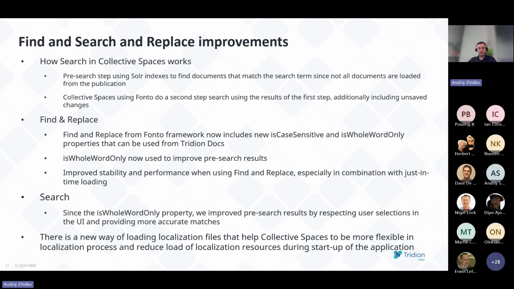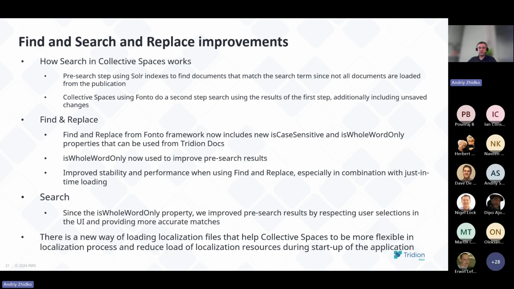Now for find and replace, as well as for the search, the Fonto framework now provides us new isCaseSensitive and isWholeWordOnly properties that can be used from Tridion Docs. We are using both, especially isWholeWordOnly. Now we are improving our search results.